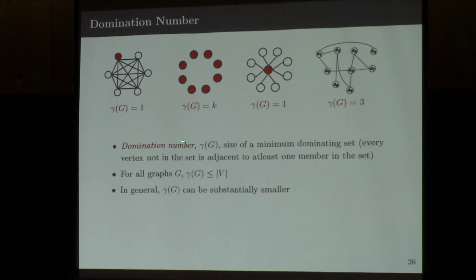Here are some examples to motivate what the domination number is. A dominating set for a graph is the smallest subset of vertices such that every vertex that is not in that subset has an edge with one of the vertices in the set.